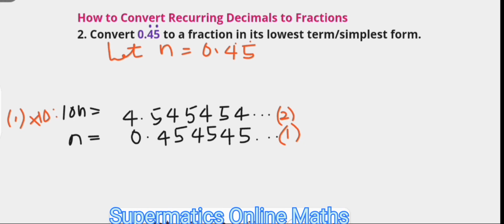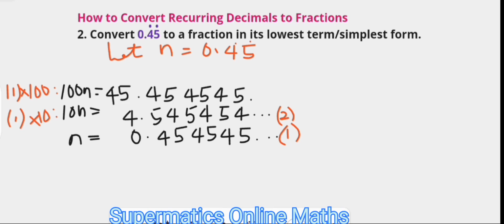Now a look at this shows that the numbers after the decimal point do not align, and so subtracting it will not give us the desired result. So we multiply the first one by 100. Multiplying it by 100, we get 100n on the left side equal to, on the right side, the decimal point moved 2 places to the right to give 45.4545, and that continues on to give us equation 3.